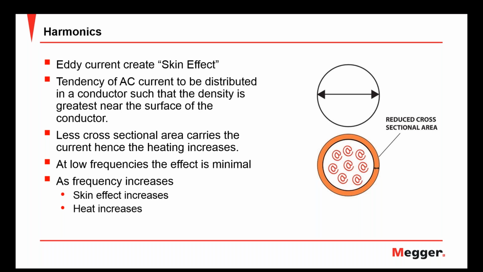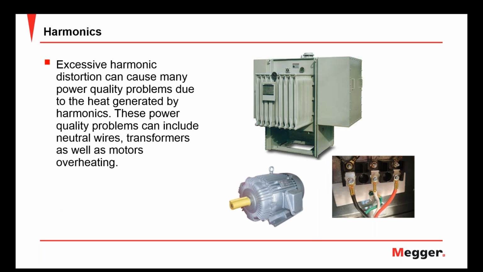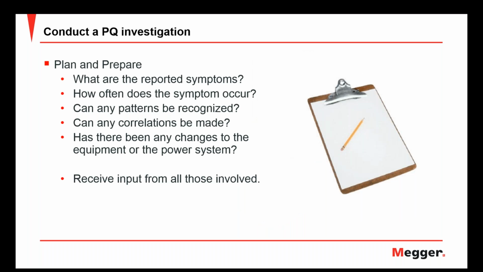One of the things we can look at is called K factor, which I'm not going to get into in this presentation. That will be more in a future presentation. But the harmonics can create issues of heating in transformers, in motors, in connections as well. These are all things to look for when you're looking at heating issues.